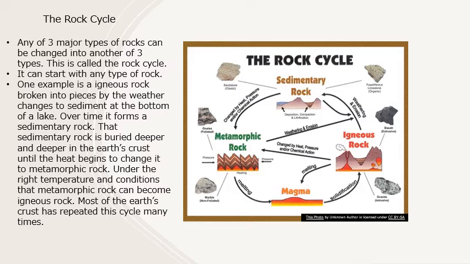And that sedimentary rock gets buried deeper and deeper into the Earth's crust until the heat in the Earth's crust is hot enough to change it to metamorphic rock. Under the right temperature and conditions, metamorphic rock can come back up to the top of the Earth and become igneous rock. Most of the Earth's crust has repeated this cycle many times.